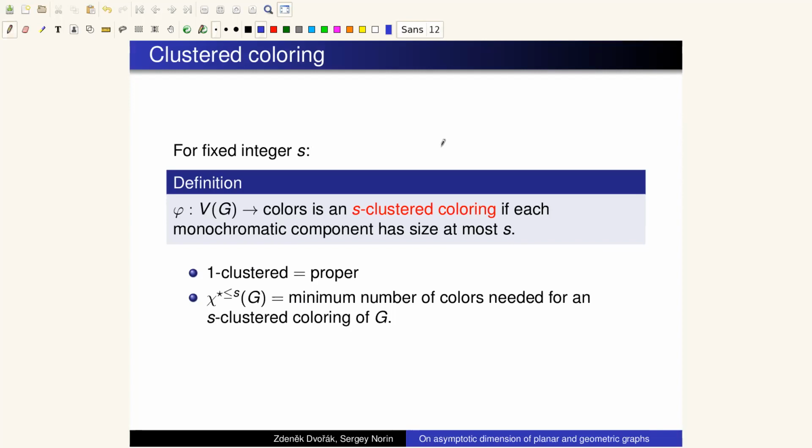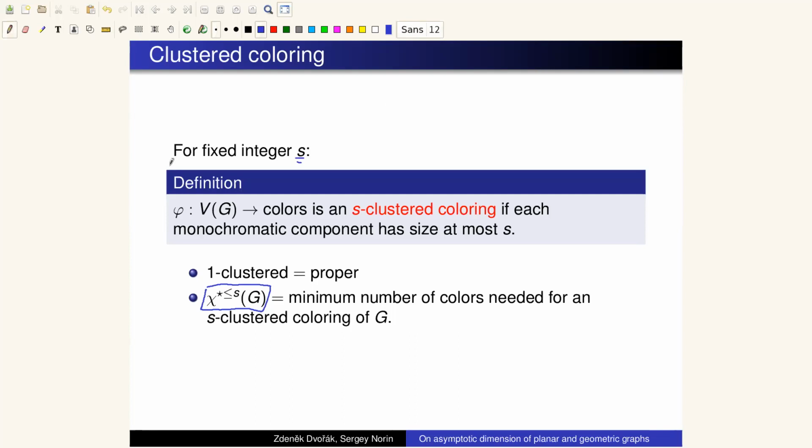And so if you fix this size s of the clusters, you can define the chromatic number with clustering s, which is the minimum number of colors that you need to get such a coloring. This notion is maybe not so interesting for a single graph, because if you take s to be larger than the number of vertices of the graph, then you can just use one color.